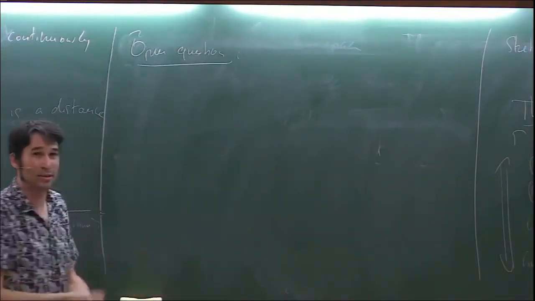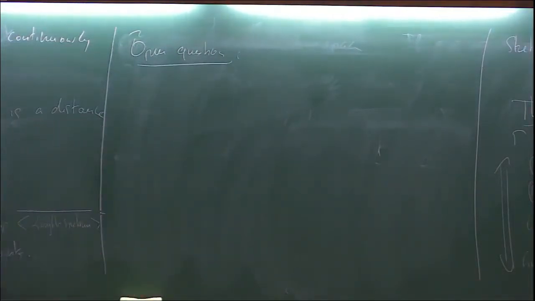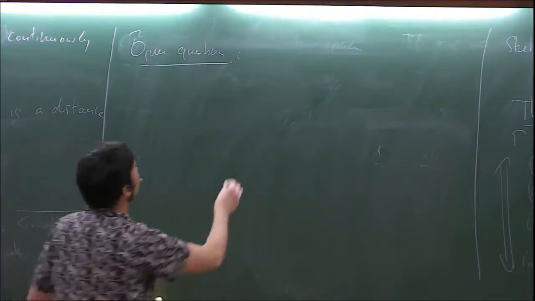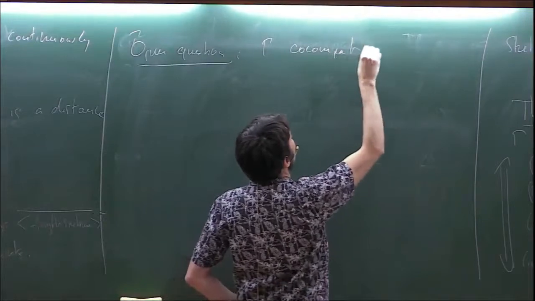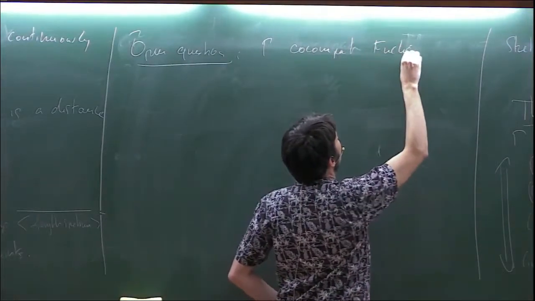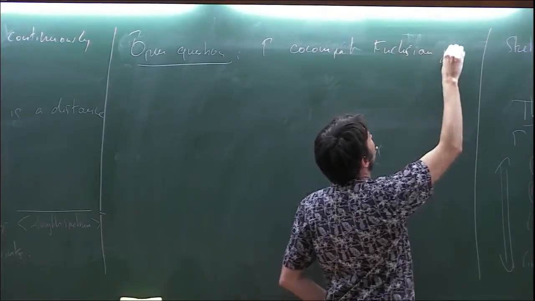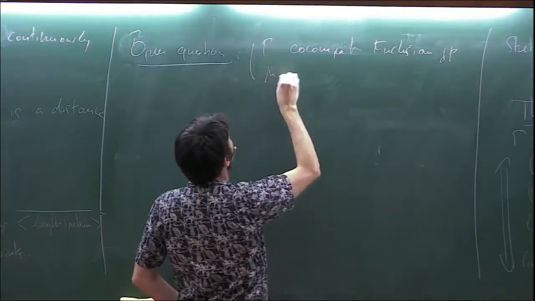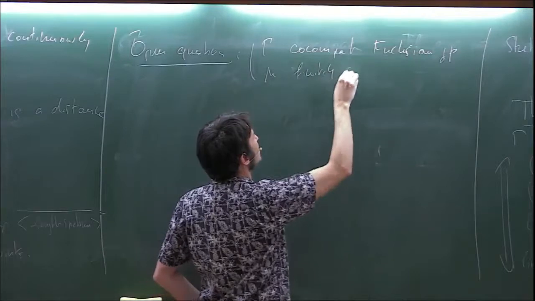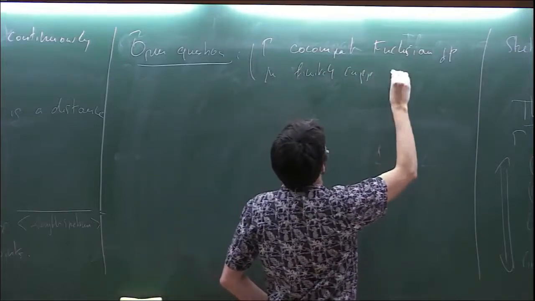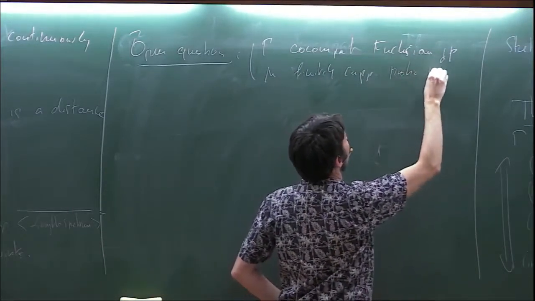So I will just state it in the case of Fuchsian groups, but it's the same in other situations. So let gamma be a co-compact Fuchsian group, mu a finitely supported probability measure.